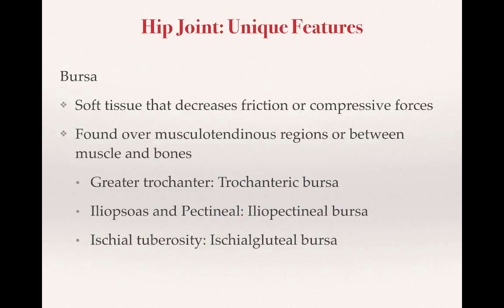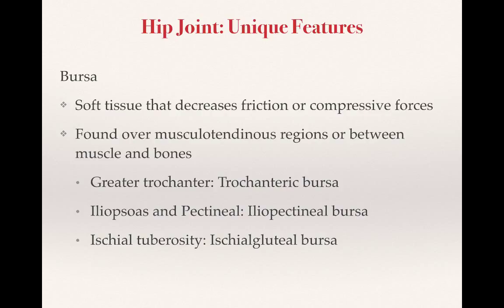The bursa is there to help decrease friction between soft tissue and a bone, or to help decrease the compressive forces between soft tissue and a bone. Typically, it's going to be soft tissue and bone, but you sometimes may find them between soft tissue and soft tissue, found over the musculotendinous regions or between muscles and bones.